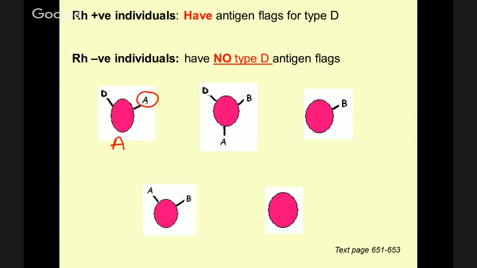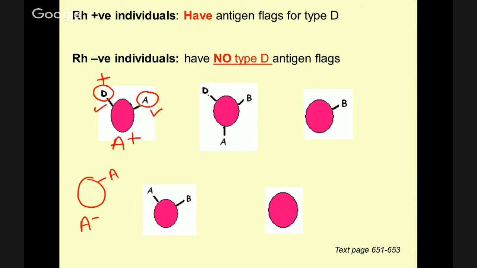So this person has an A flag attached to their red blood cell, they're going to be type A. Now, the other thing to notice is if you see a second flag that says D on it, if you're going to be positive, A positive, you will have the A flag and the D flag. And then if you're A negative, what will that person look like? Their red blood cell will only have an A flag. That's what A negative would look like.